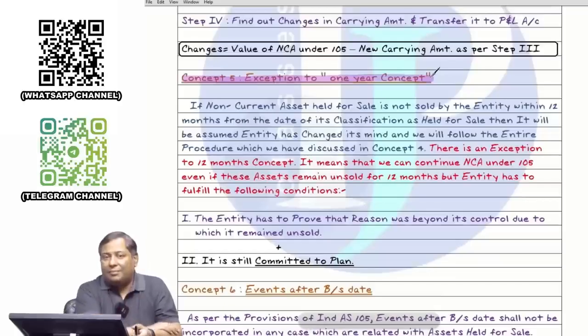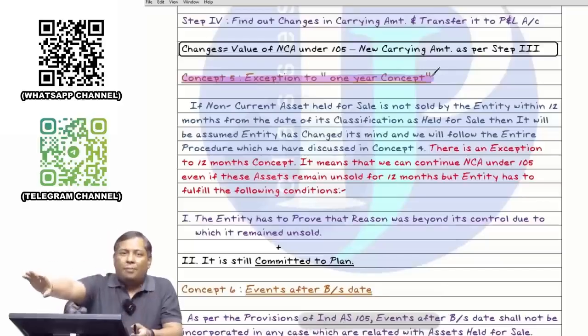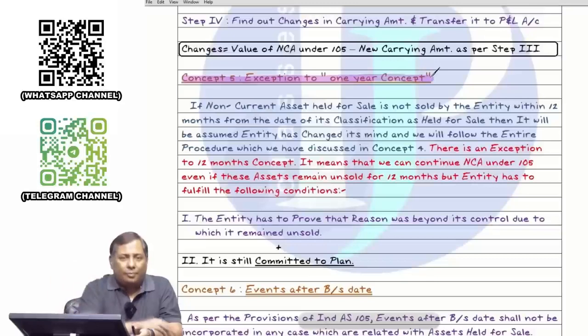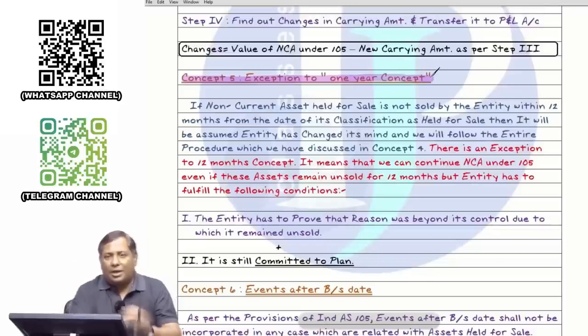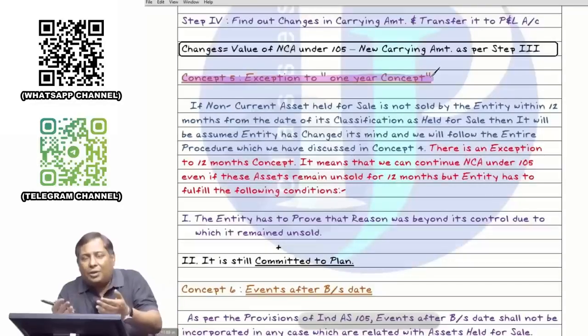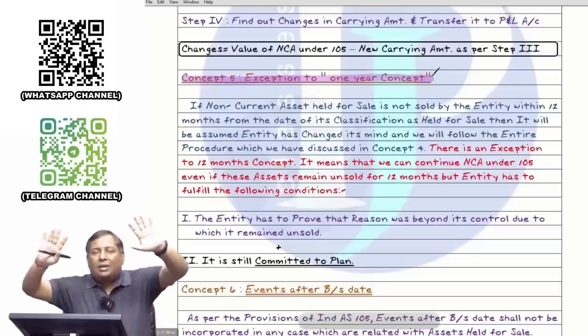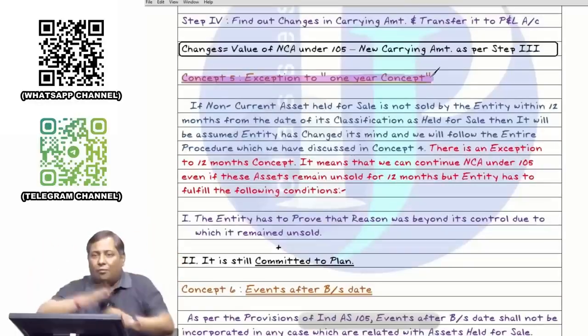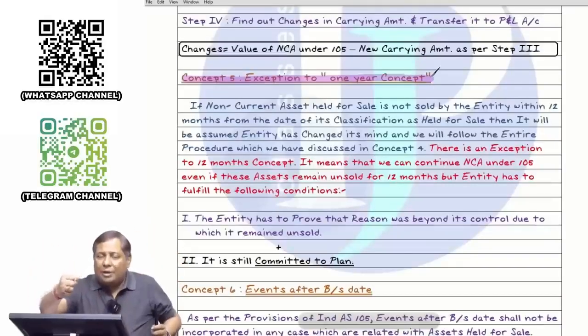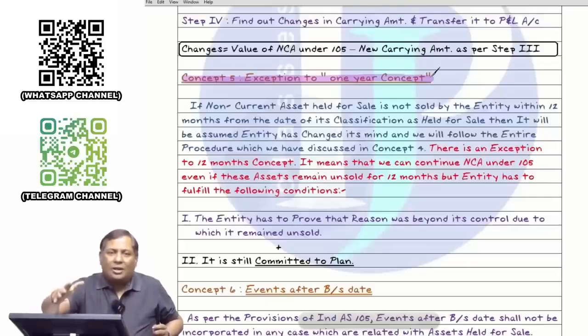But there is an exception. You can give the entity a little chance to prove itself. Is that okay, students? Pay attention here, but if the entity is able to prove that the delay in the sale was due to circumstances beyond their control, and the second one is that they are committed to the plan, even now they want to sell it, they don't want to keep it.